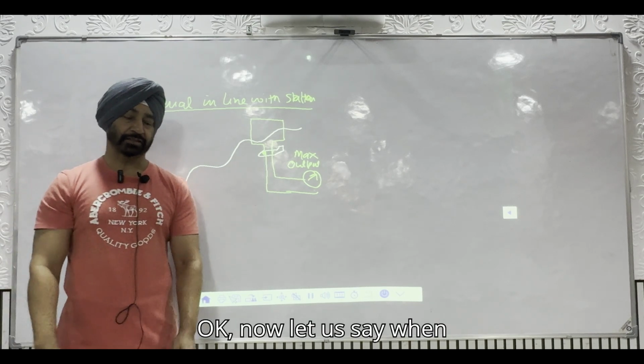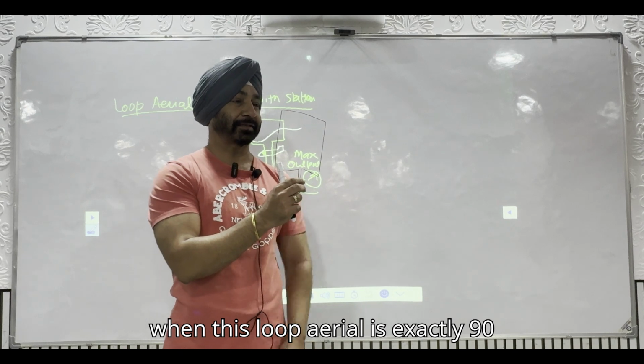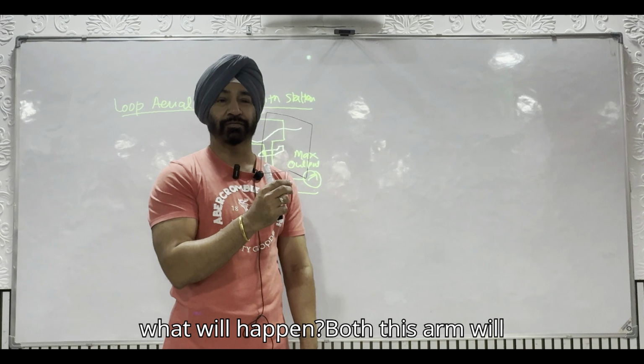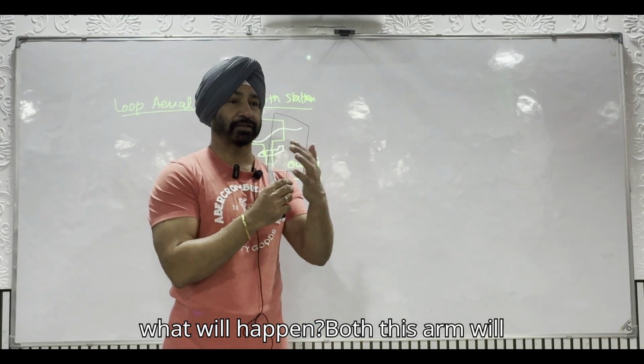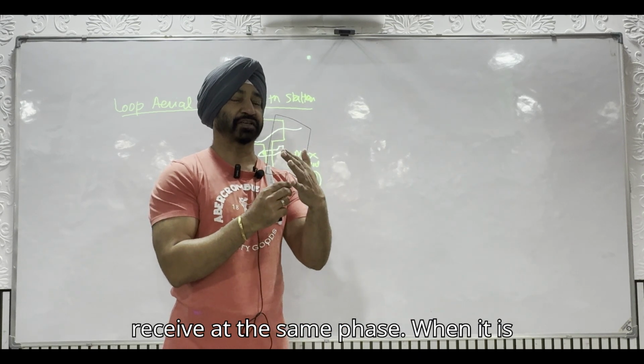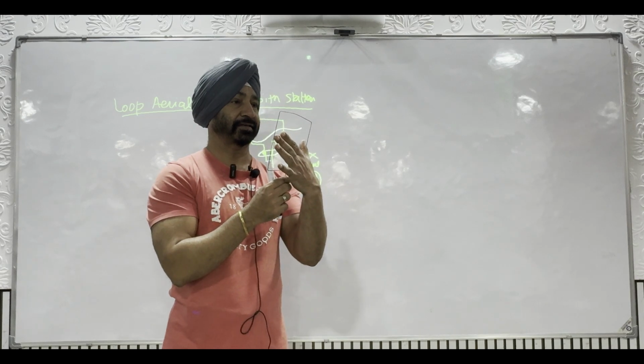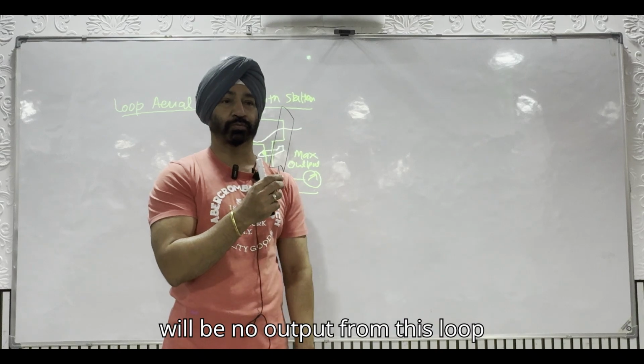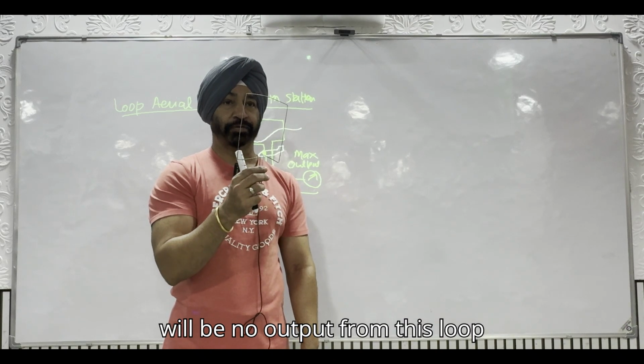Okay. Now let's say when this loop aerial is exactly 90 degrees to the ground station, what will happen? Both these arms will receive at the same phase when it is exactly 90 degrees. There will be no potential difference, there will be no output from this loop aerial.